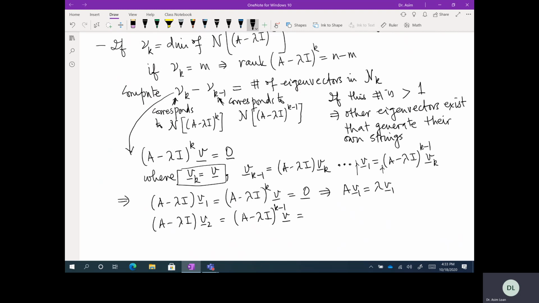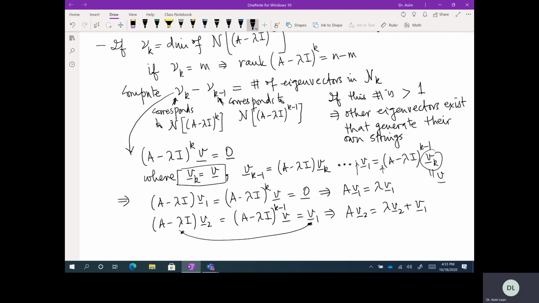So what is (A minus lambda I)^(k minus 1) v or vk? It's the same thing here. So vk is same as v. This is v1, this is v1. So from here, if I compare these two, this implies A v2 equals lambda v2 plus v1.